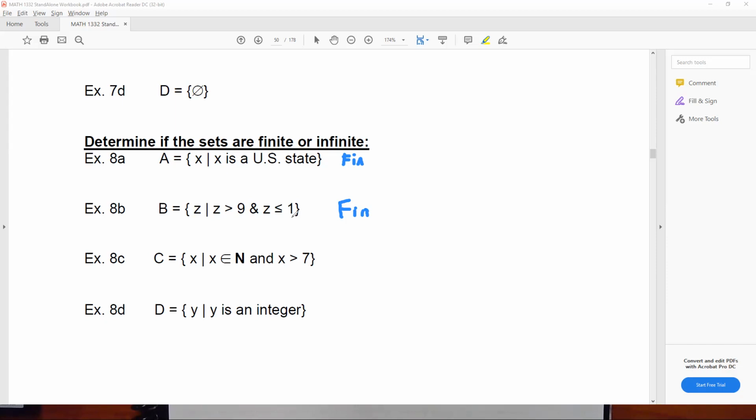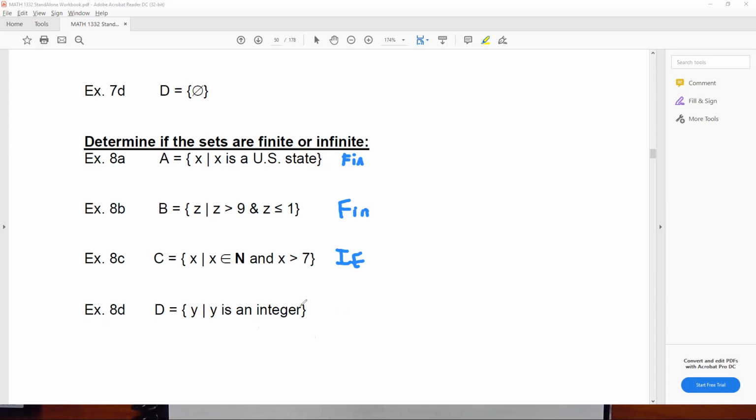8c. So it's a natural number and it's bigger than 7. So yeah, it just keeps going forever, right? So that's infinite for sure. Okay. Y such that y is an integer.